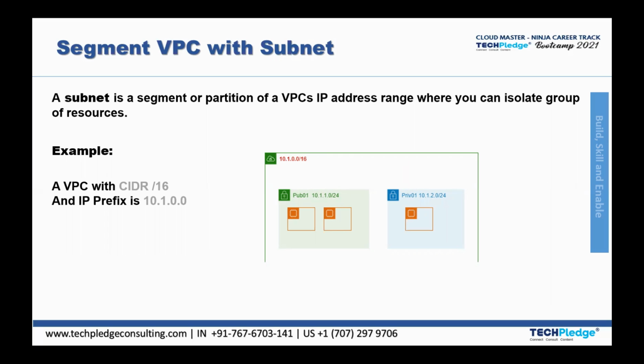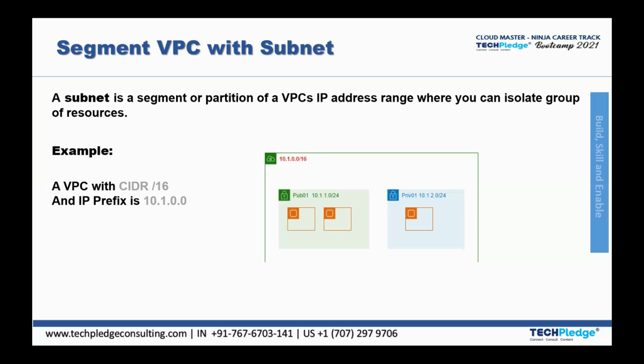This is my VPC, which I have created. I previously said that a VPC will have a CIDR block range and an IP prefix. Now, the IP prefix is 10.1.0.0. The CIDR bits is 16 bits.